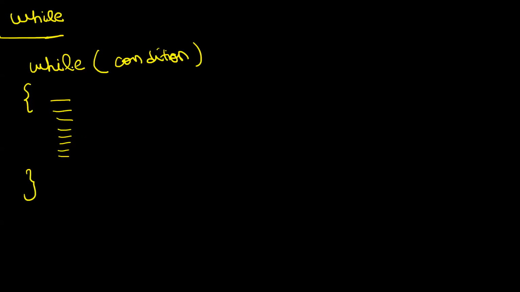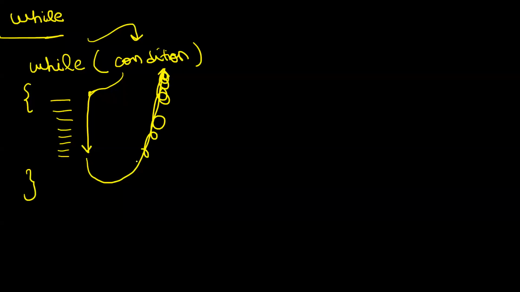So what it is telling, while the condition is true, these lines of code will get executed. So how does a basic while loop work? First of all, you check the condition. If the condition is true, you enter inside, execute all these lines of code. After all these lines are executed, you again go back, check the condition.